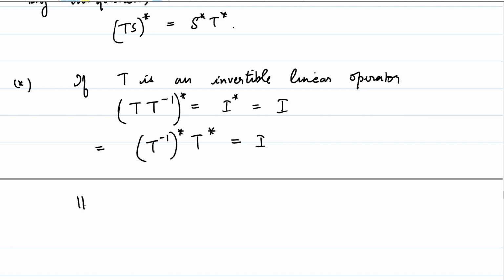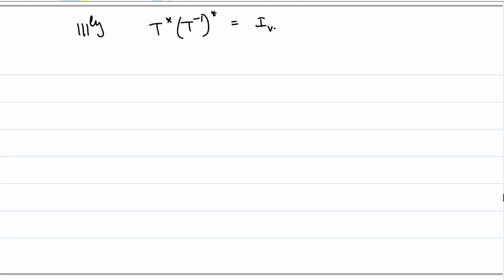And similarly, T* (T inverse)* is the identity of V. This means that the adjoint of the inverse is the inverse of the adjoint. That's what we can conclude here.